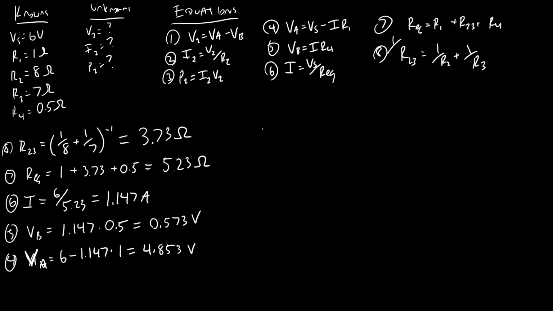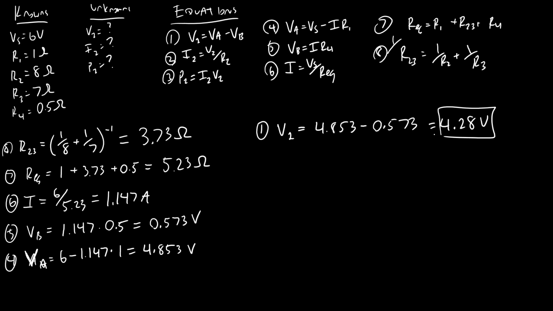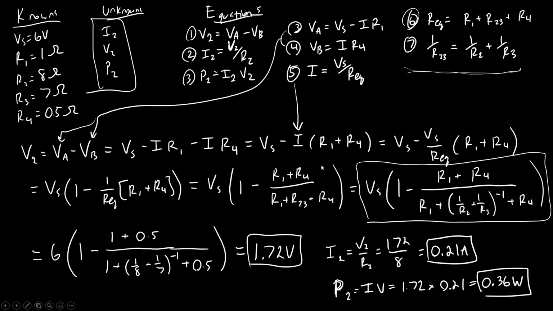So now we can finally jump up to equation 1 and solve for V2, which is going to be VA minus VB, so that is 4.853 minus 0.573, and that gives us 4.28 volts for V2.